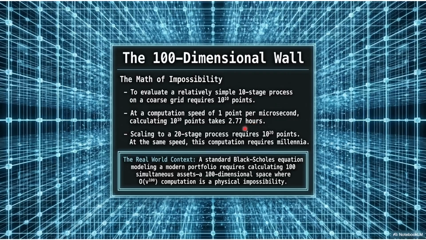But if we scale that to a 20-stage process, we hit 10 to the power of 20 points, which would take millennia to compute at the same speed. So in a real-world context, modeling a modern financial portfolio with a standard Black-Scholes equation frequently requires calculating 100 simultaneous assets. This 100-dimensional space creates an O(v to the power of 100) computation, which is a physical impossibility for grid-based models.